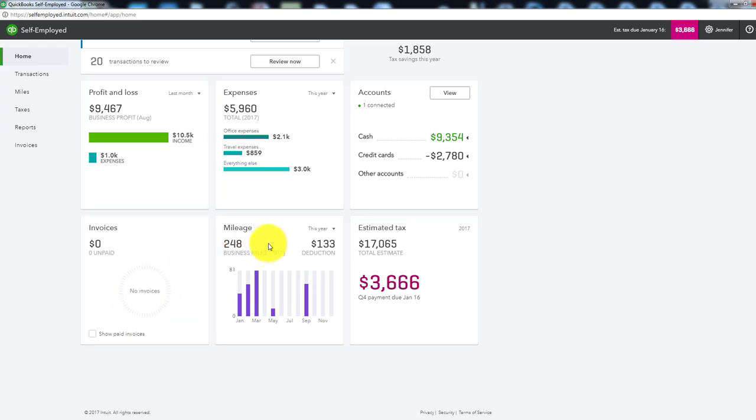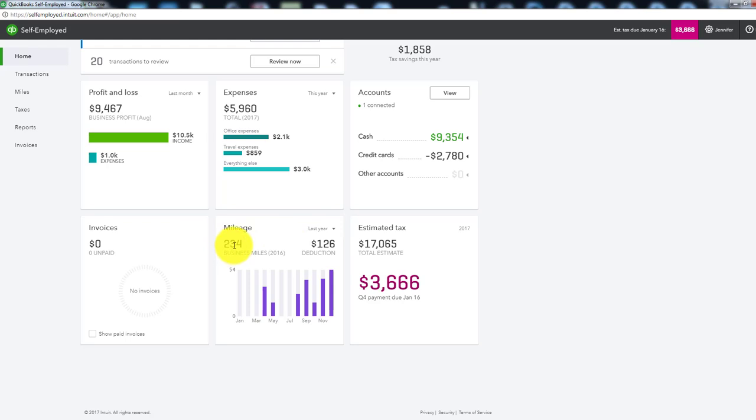The mileage section tells you how many miles you have driven thus far within the year. So in 2017, this particular person has only driven 248 miles. Last year, this person drove 234 miles, which is not that different from what they drove this year in 2017.